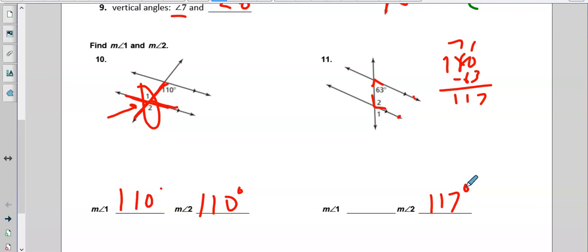And now there's two ways to find angle 1. One way is just to say, well, angle 1 is corresponding to this angle, which is 63. And another is to say, well, I know angle 2 is 117. So if I did 180 minus 117, I'd get 63.